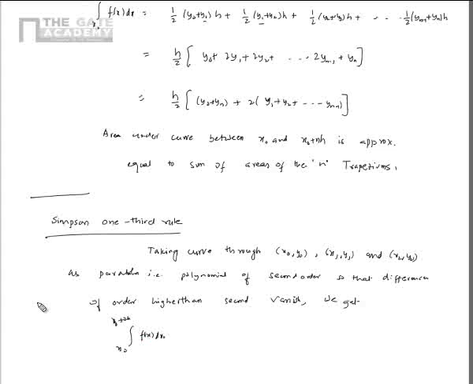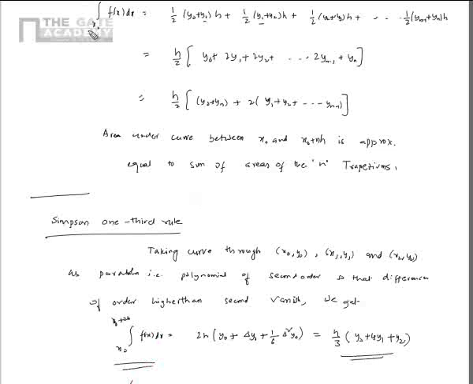Delta y0 is basically y1 minus y0, so you have to go back and look at the Newton forward formula. This finally comes out to be h by 3 times y0 plus 4y1 plus y2, when you integrate it over the two intervals.